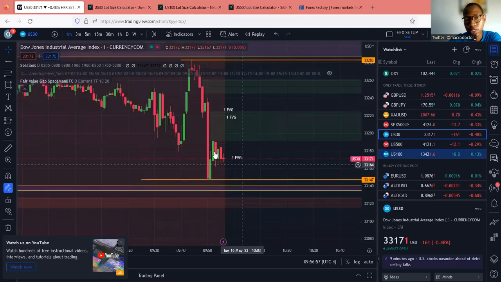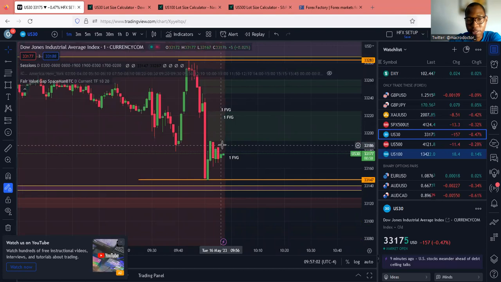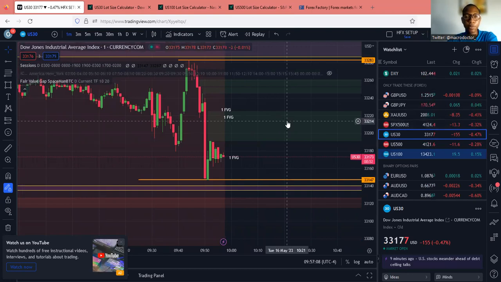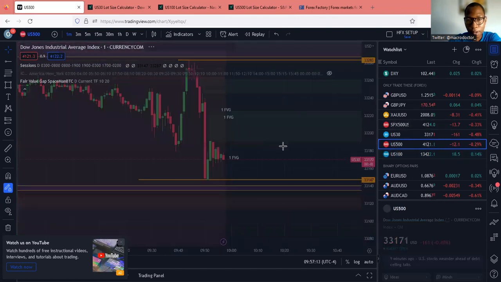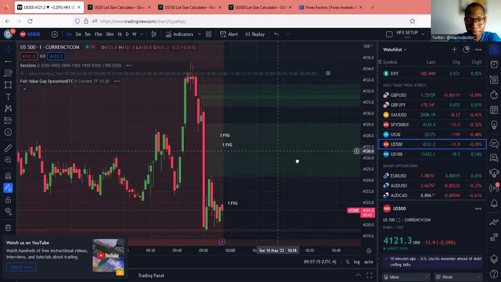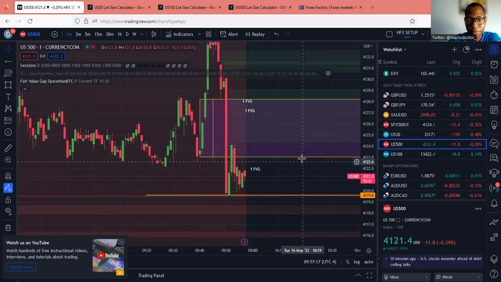So price has generated that small high we want to see. What I want to see is by 10, price taking this, shooting here, and then going down. Okay, so I like how this is looking. Let me look at SPX, the S&P 500. Yeah, it's looking good as well.